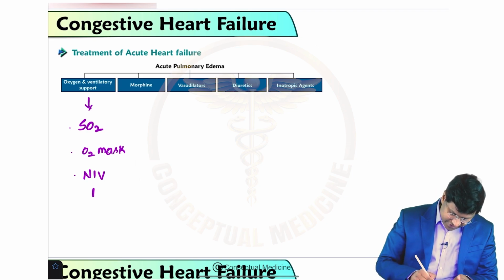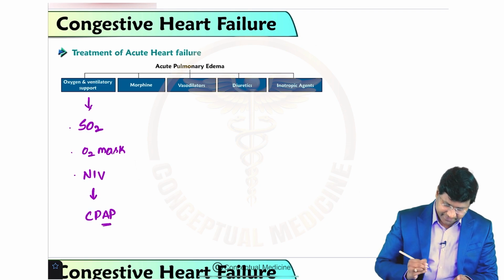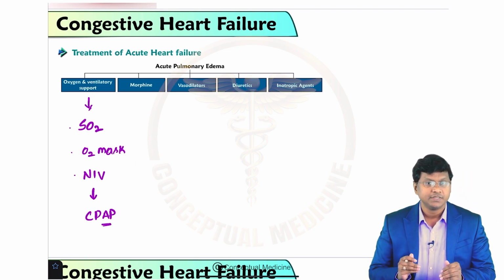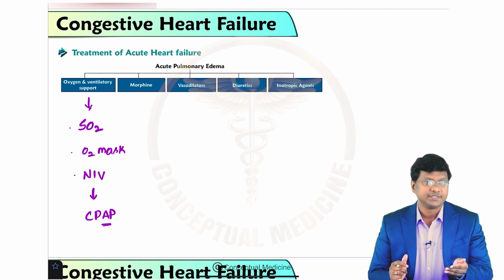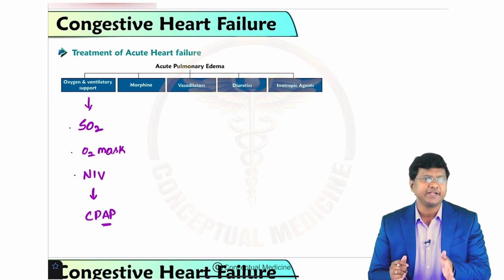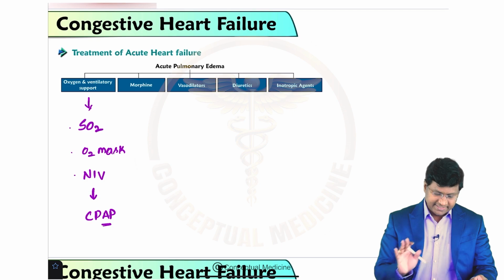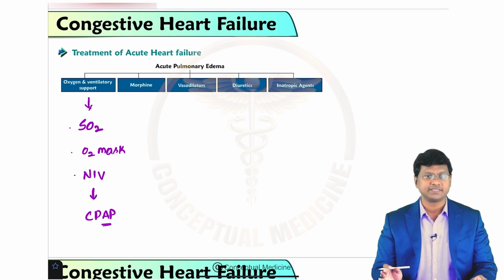So when you are using continuous positive airway pressure, that led to significant reduction in the need for tracheal intubation and mechanical ventilation. So that is about the oxygen and ventilatory support.